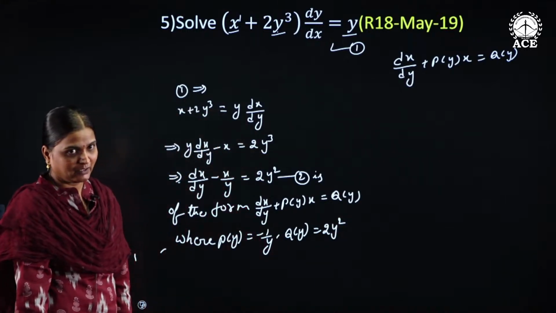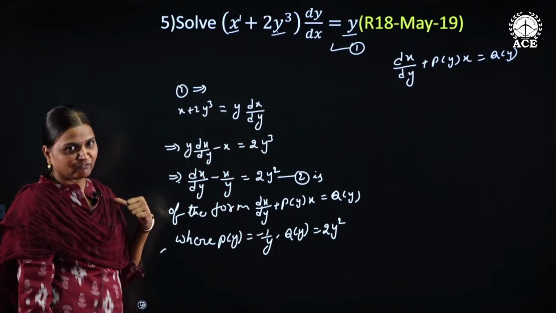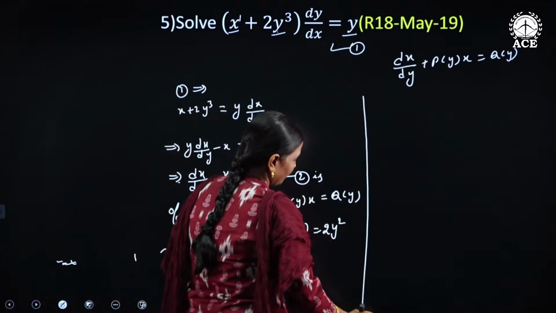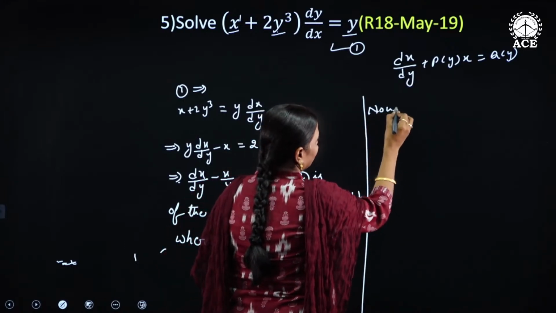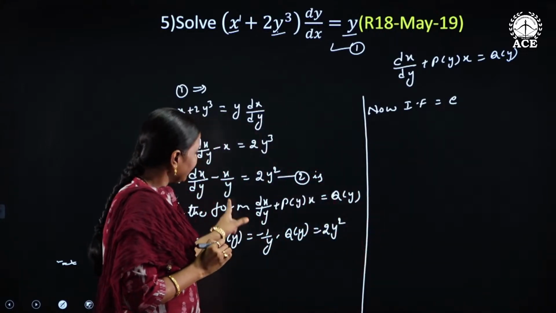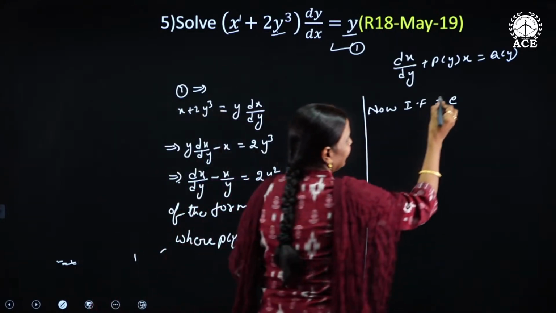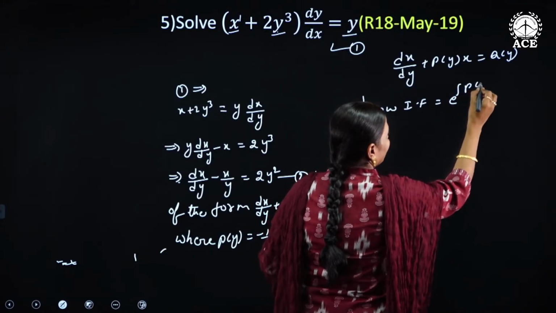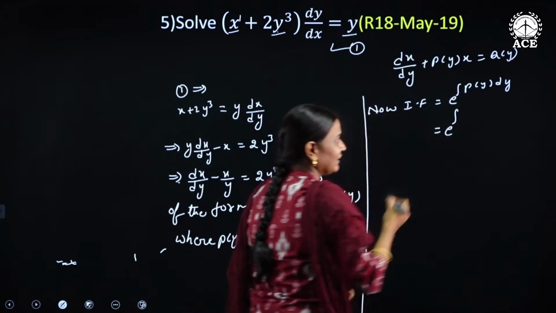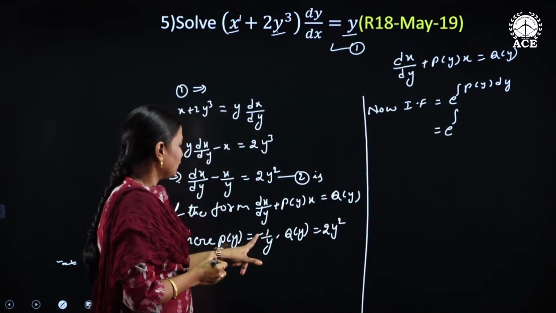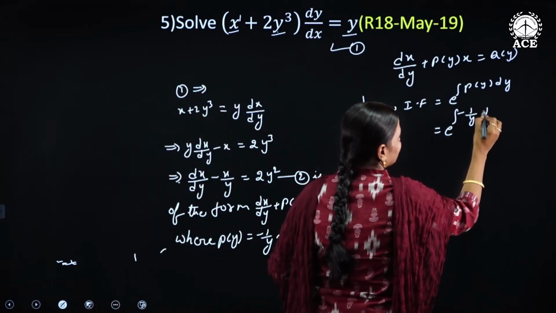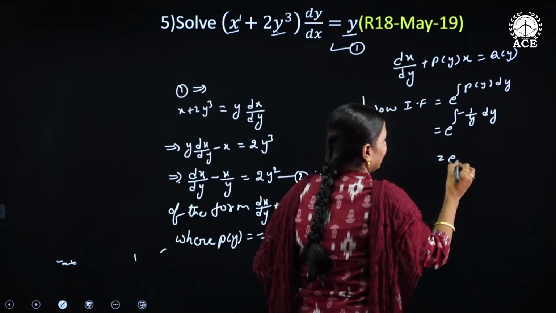What is our next step? Finding the integrating factor. Since it is linear in x, the integrating factor is e to the power integral p of y into dy, which is equal to e power integral of minus 1 by y into dy, which is e power minus integral of 1 by y.